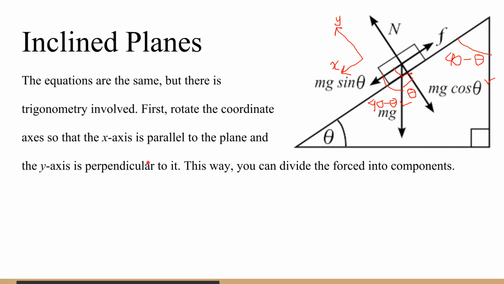So you can then immediately see that the perpendicular component will be mg cosine of theta, and this parallel component will be mg sine theta. So the x component will be mg sine theta, the y component will be mg cosine of theta. All right, I'm going to just let you take that in.